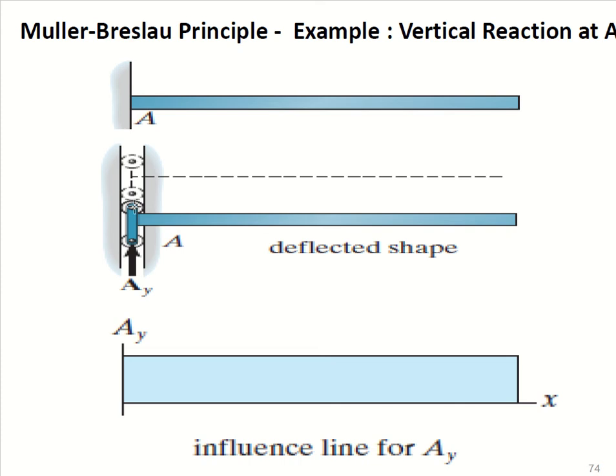Okay, so this is a fixed support, and you have only released the vertical reaction, not the horizontal reaction and not the bending moment. So when you are applying the unit load, the entire beam will move to this point. Why? Because it was the only support that was resisting. So this was the influence line diagram for the beam, and it is similar to what we drew with the quantitative method, right, by using the equations and all that.